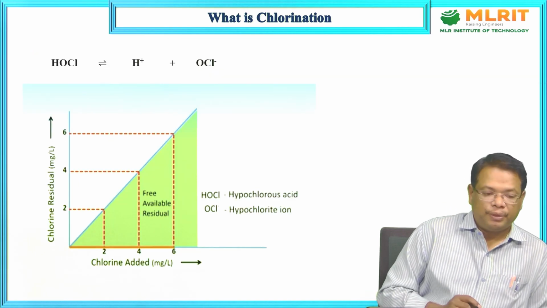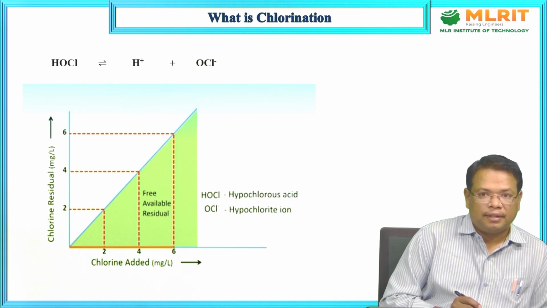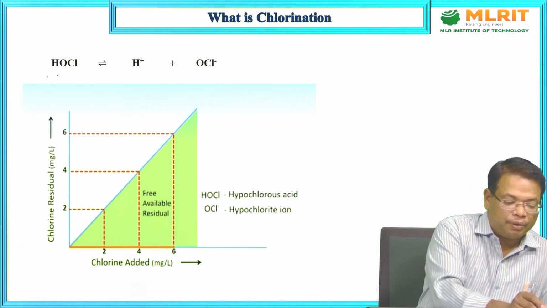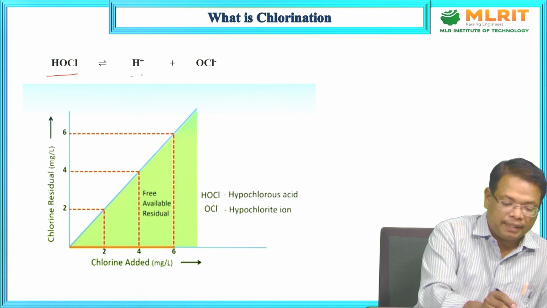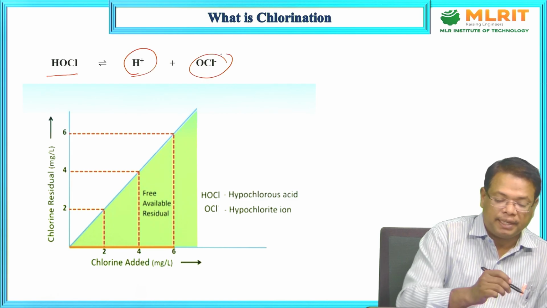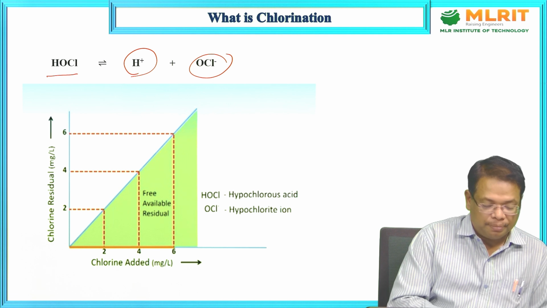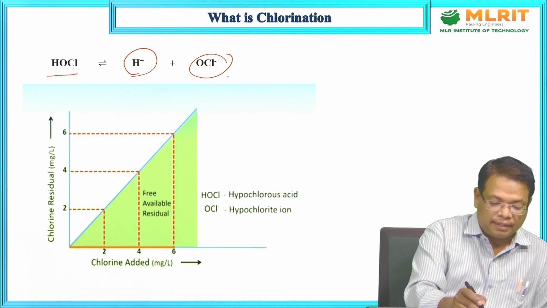When you add chlorine to H2O, hypochlorous acid dissociates into H+ and OCl- ions.